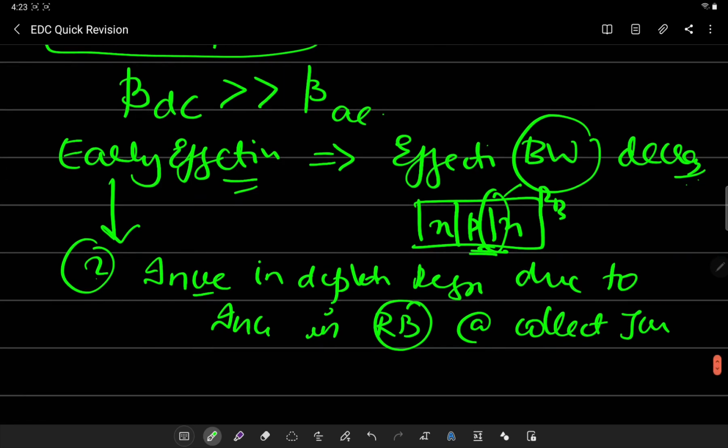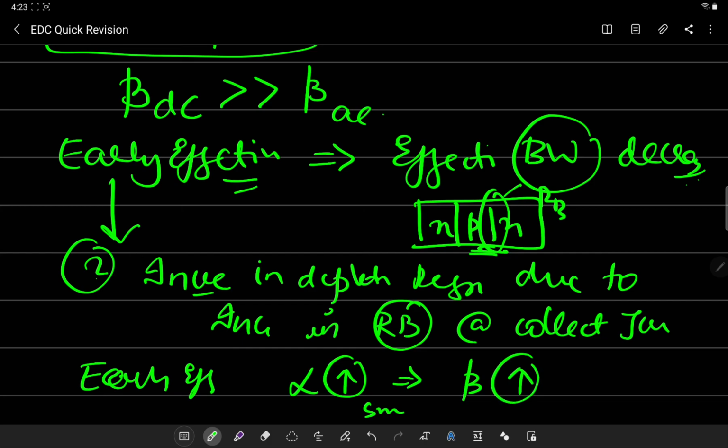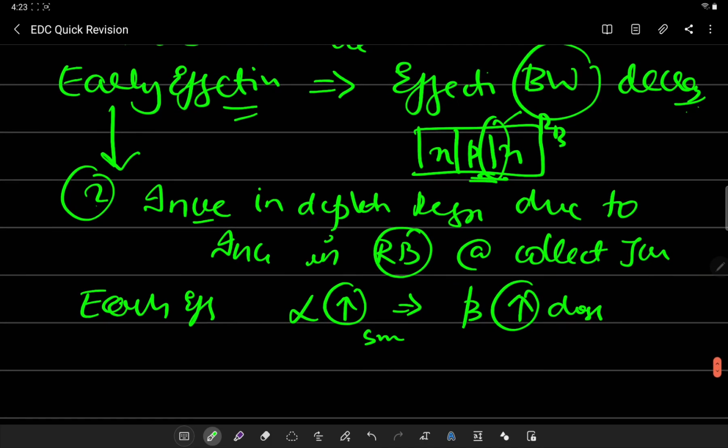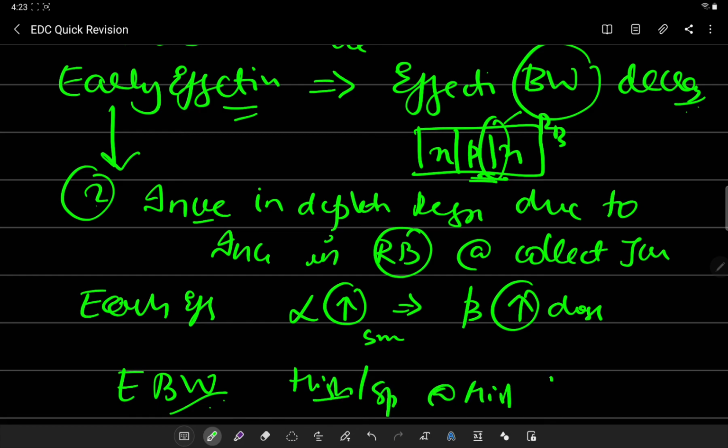Because of this early effect, alpha will be increasing by a small amount, but beta will be increasing drastically. This effective base width offers high resistance, or spread resistance, at high frequencies.